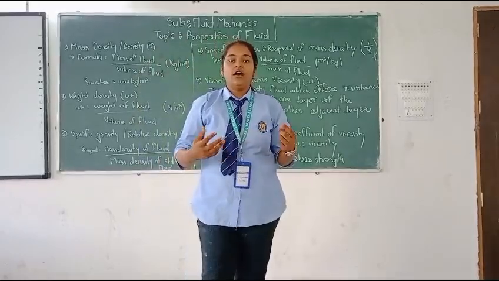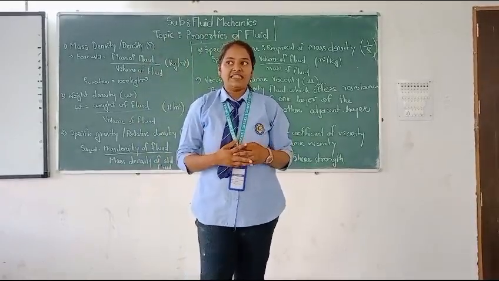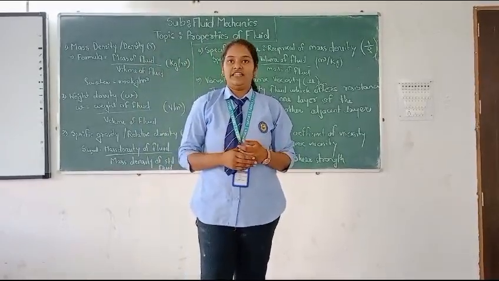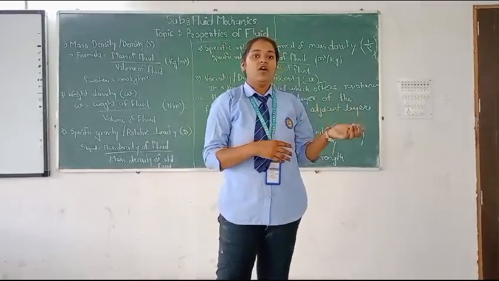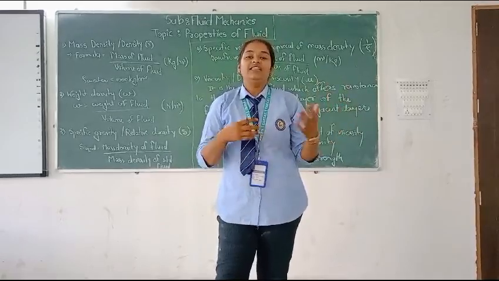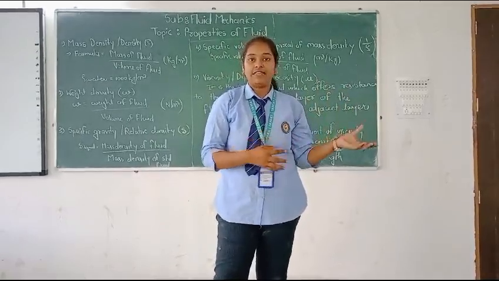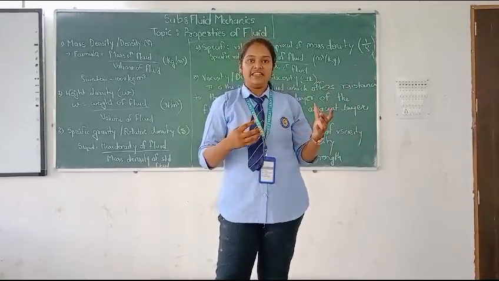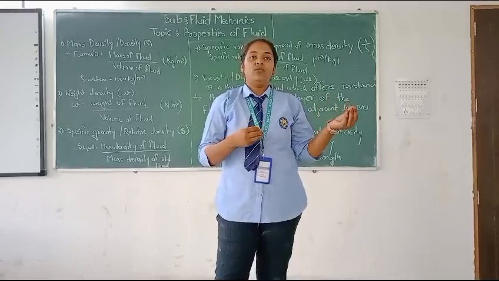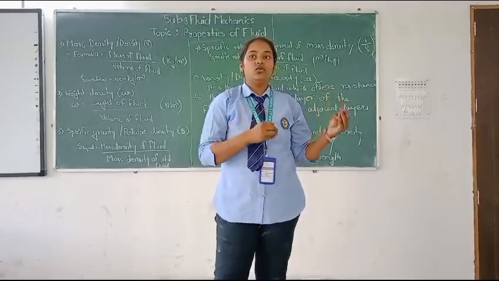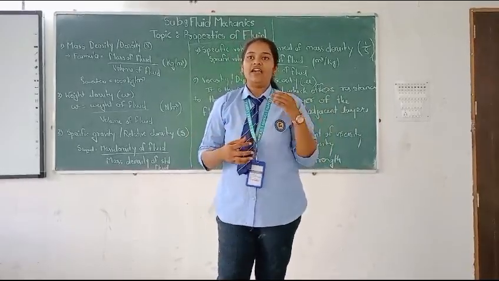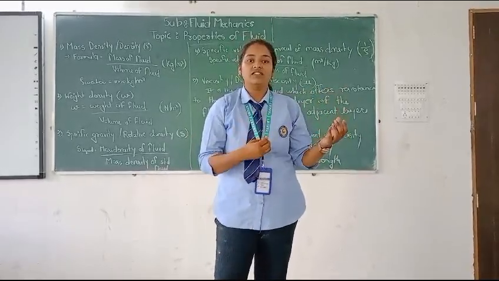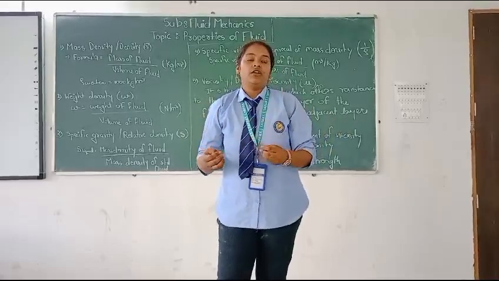Let's consider two fluids, oil and water. The density of the oil is higher than the water. So we can say that movement of oil is slow as compared to the water. So we can say that oil has more viscosity than the water.